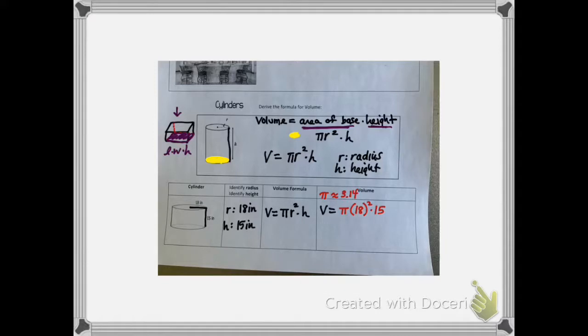Essentially I'm multiplying these numbers together. 3.14 times 18 times 18 times 15 is 15,260.4, and the units would be inches cubed. The reason it's inches cubed, if you remember, volume is always units cubed, is because we multiplied 18 inches times 18 inches times 15 inches. So there you get inches cubed.